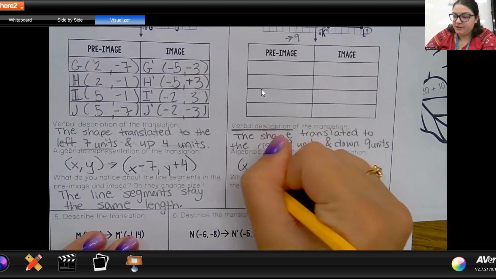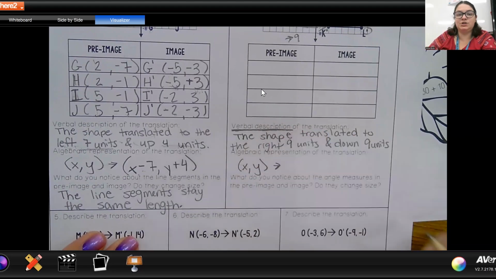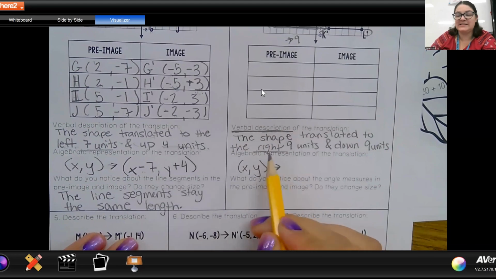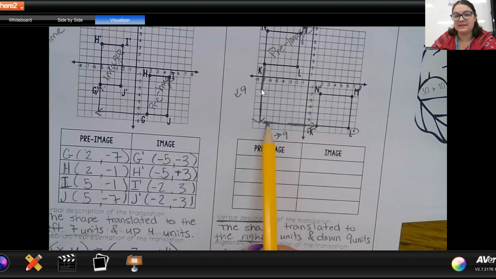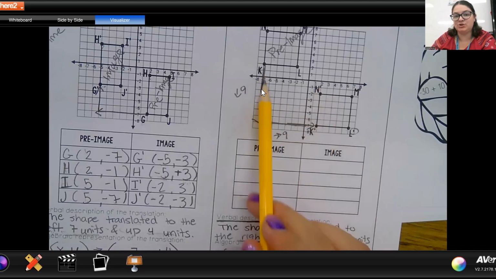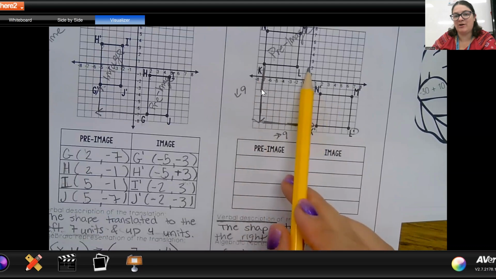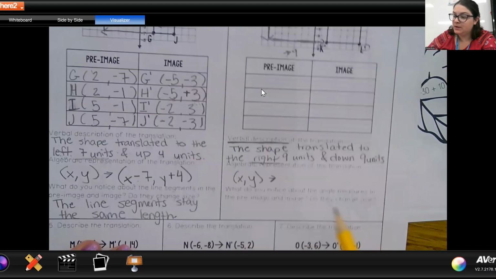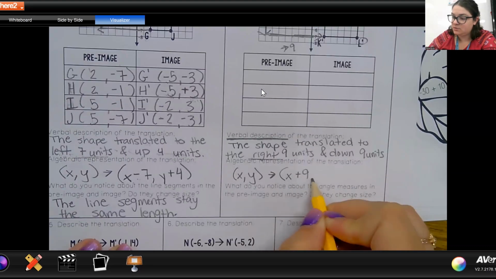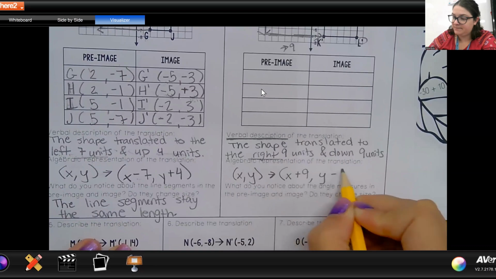Algebraically, if I take my original points, whenever I go to the right, that's going to add to my x because I'm going positive on my x-axis. Whenever I go down, that's going to subtract from my y because I'm going down my y-axis. So this would become x plus 9, y minus 9.